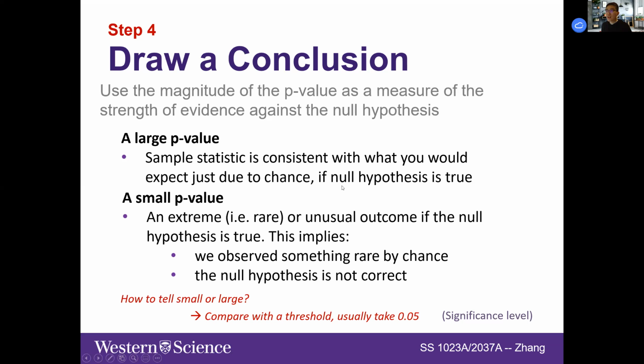Otherwise, we will accept or not reject our null hypothesis. Here we give this threshold a name, the significance level. For some other research, we could change the value of this significance level, but 0.05 is just a conventional choice.